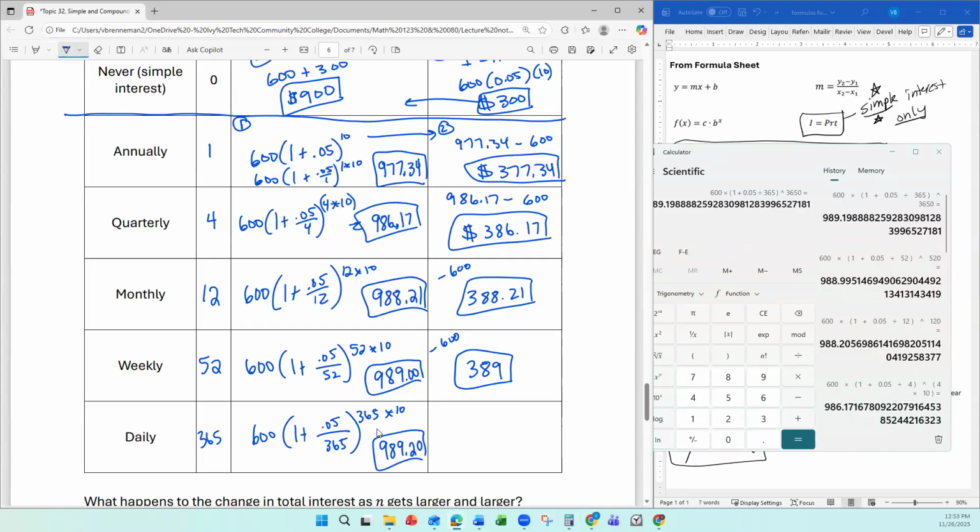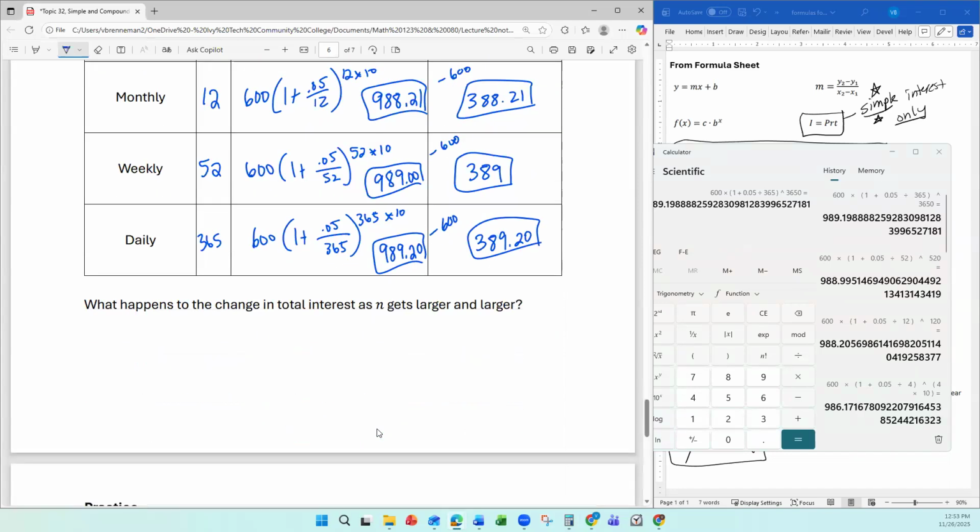So added another 20 cents extra. So as we increase the number of times compounding, the total interest goes up, but by smaller and smaller amounts.